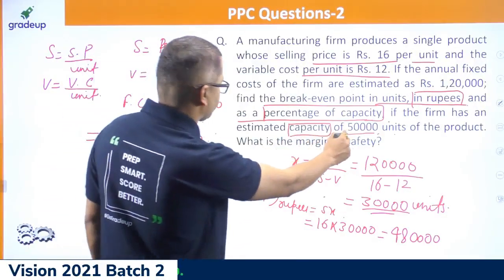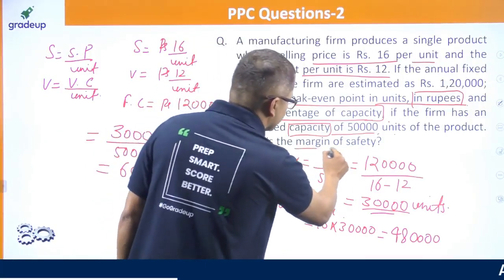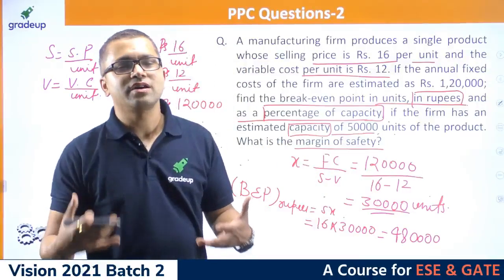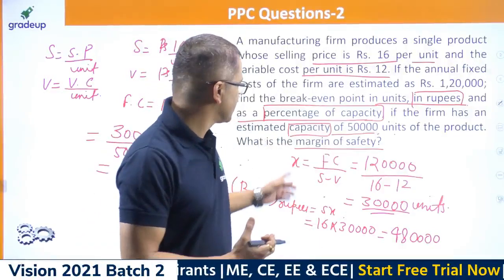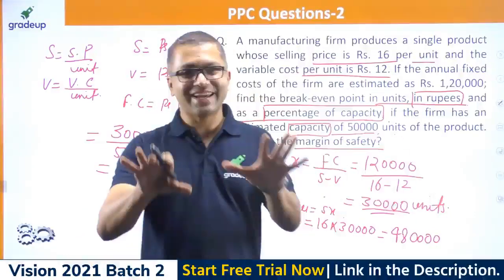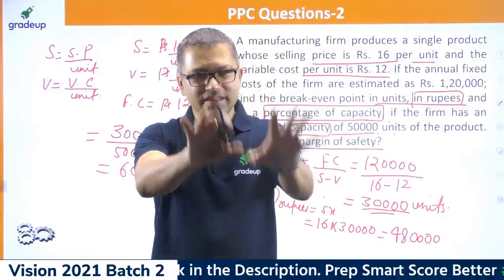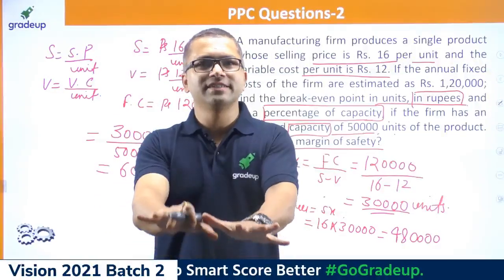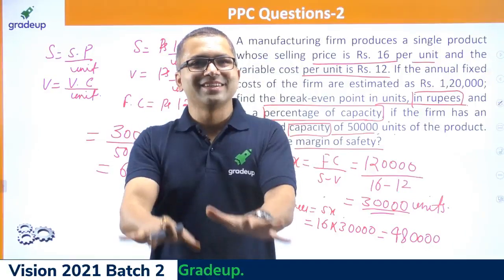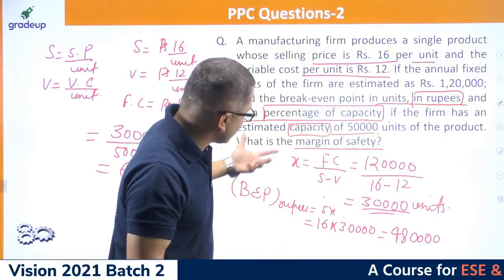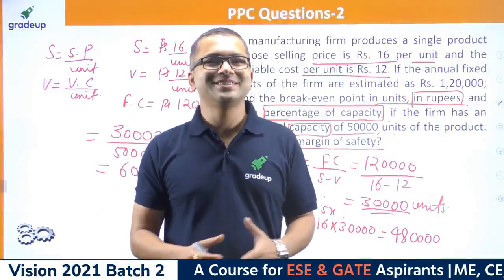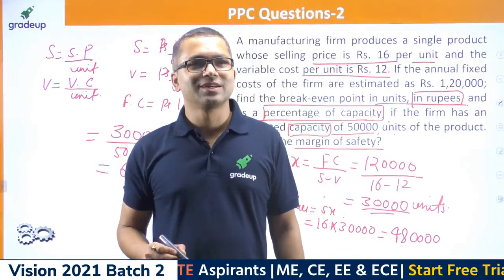Okay, now what do we need to find? Margin of safety. Can you just understand what should be the margin of safety? Can anyone type in there, even if you don't know this? Even if you don't know, can you just think what might be the margin of safety?